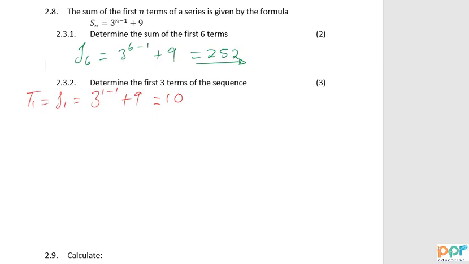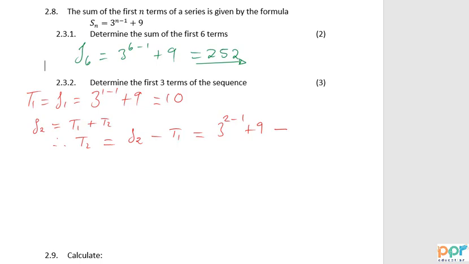Now, remember this. The sum to the second term is given by term 1 plus term 2. Therefore, if I make the second term the subject of the formula, you remain with the sum to the second term minus term 1. Then let me do that. Sum to the second term, 3 to the power 2 minus 1 plus 9 minus term 1.